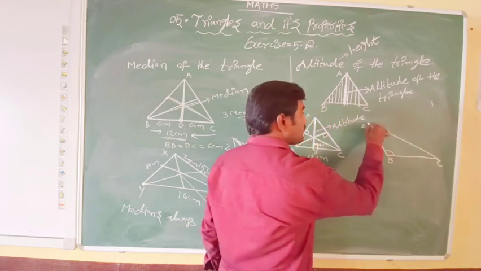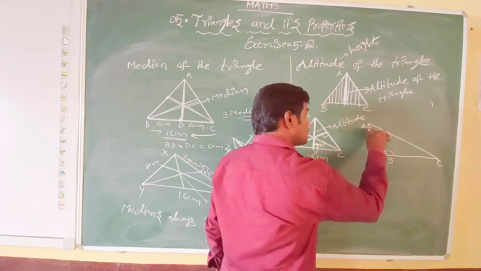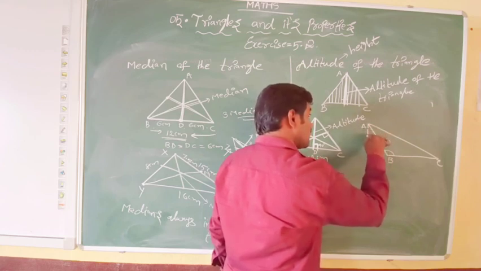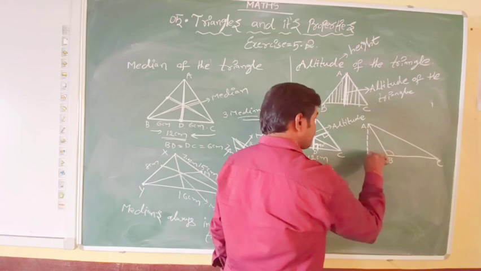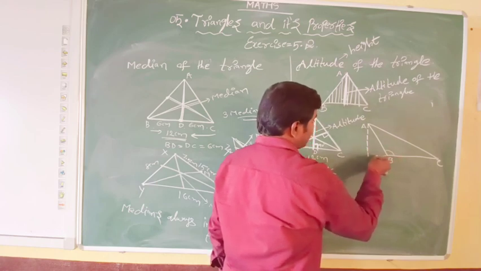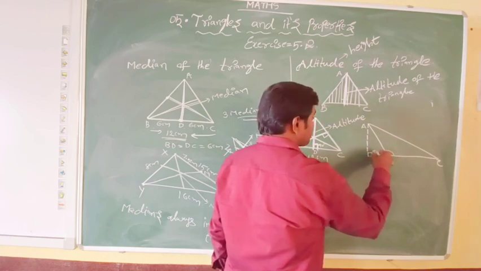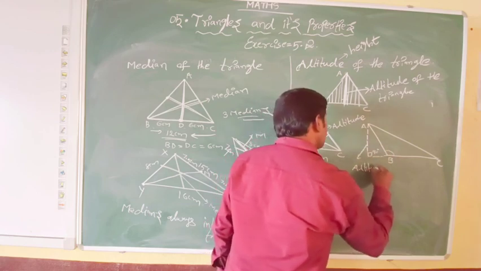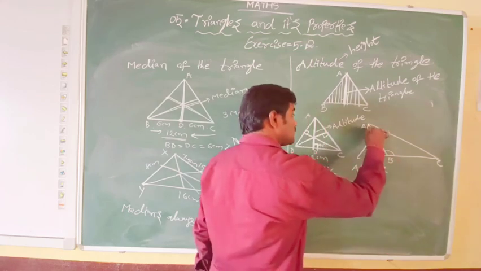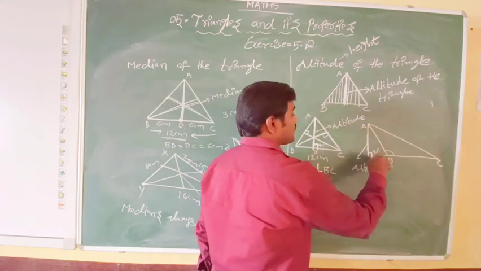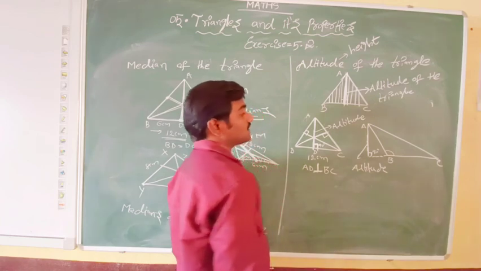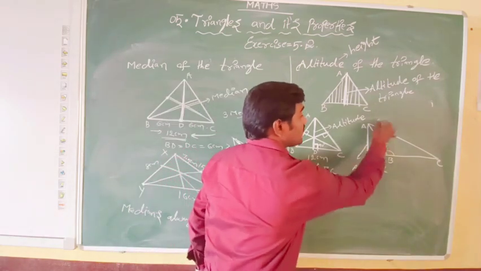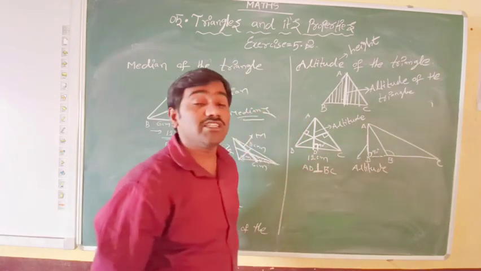No. Here see, the altitude will come like this, from the vertex to a straight line. Here you can extend this line again like this. So this is called the altitude, from the vertex to a straight perpendicular line. This line you can extend like the dots. See, now AD is known as the height of this triangle ABC.